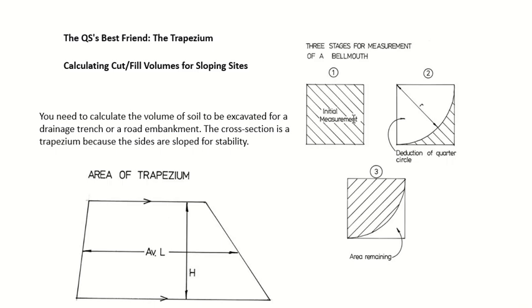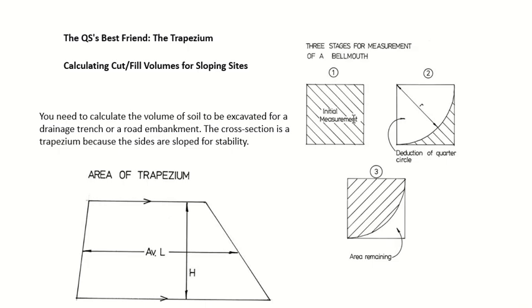Then we have another very commonly used figure which is called a trapezium. In many cases you will be facing a shape like this, especially when you are dealing with earthworks. Excavations and road works and things like that are not done in exactly vertical alignment.